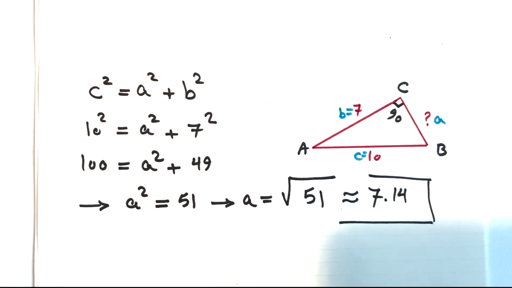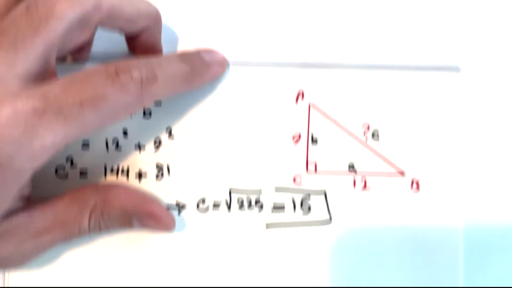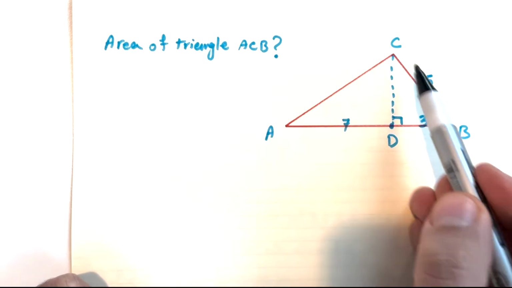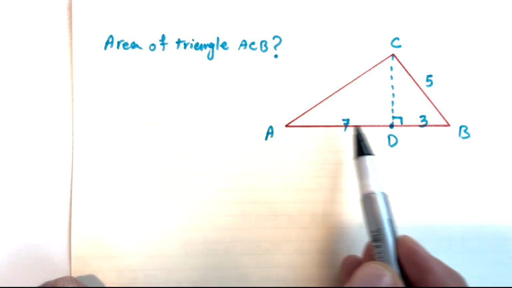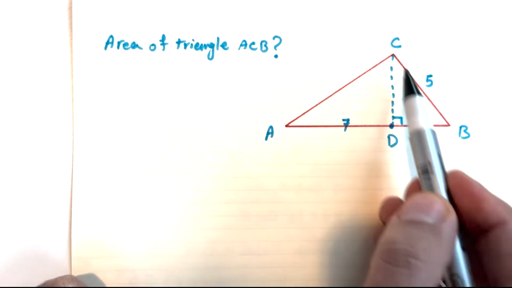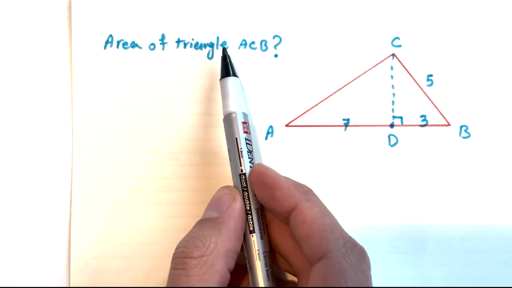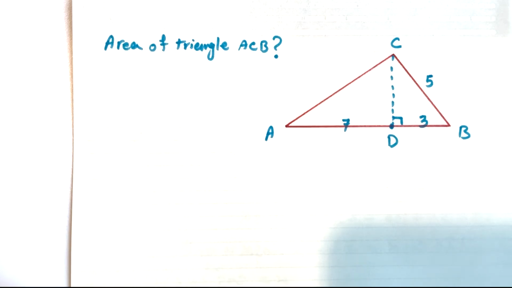So now take a look at one more problem, which is the last one. In this problem, we have this triangle here. We have the value of BD as 3, AD as 7, and the length of BC as 5. And the goal here is to find the area of the triangle ACB. So let's see how we can use the Pythagorean theorem to calculate the area of this triangle.